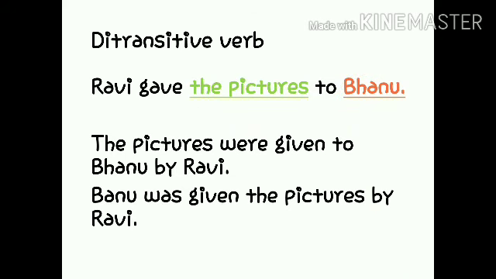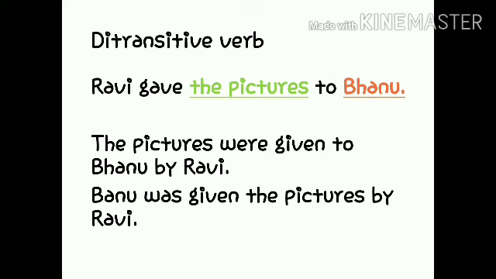Actually, what is a direct object, what is an indirect object? If it refers to a thing and answers the question what, it's a direct object. If it refers to a person and answers the question for whom, by whom, or to whom, then it is an indirect object. For example, what did Ravi give? The pictures. It answers the question what, so it is a direct object.